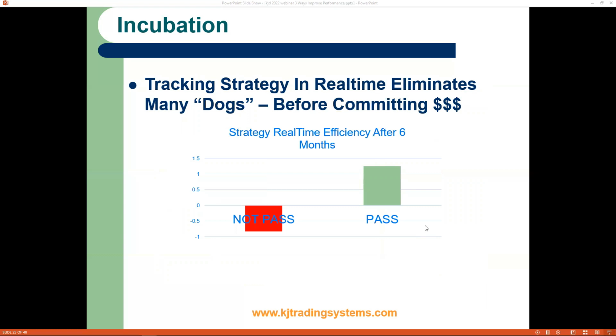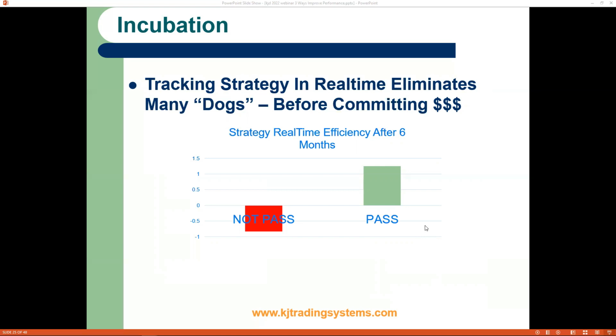Okay, so why does this work? Well, here's a simple analysis I've done. I've calculated what I call the efficiency. Let's say in your back test, you averaged $1,000 per month.